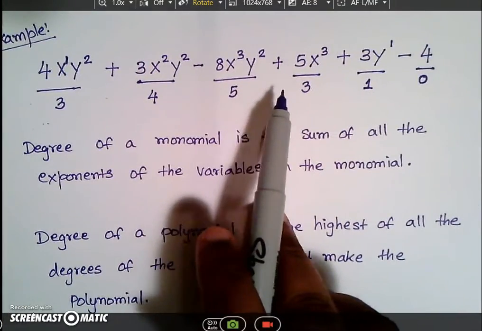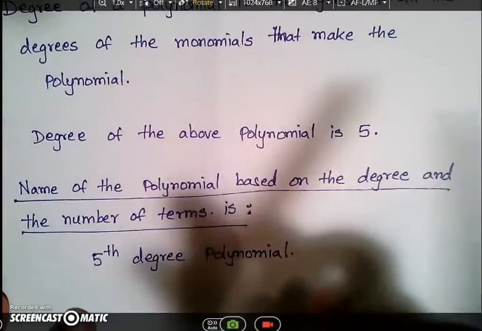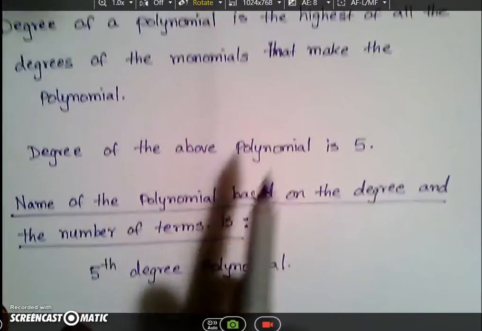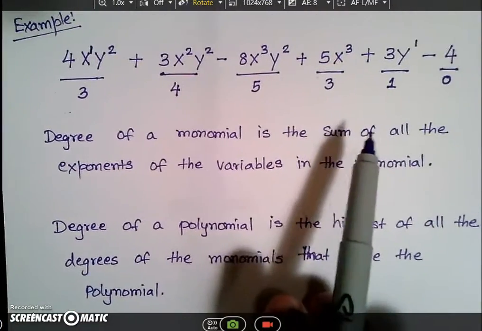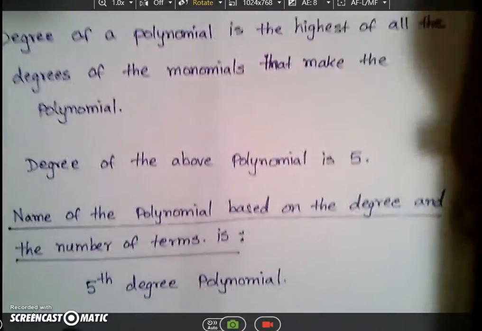Anything that has above 3 terms, we just call a polynomial. If there were only 3 terms, I would call it a 5th degree trinomial. If there are only 2 terms, I would call it a 5th degree binomial. But in this case, there are more than 3 terms, so it's a 5th degree polynomial.